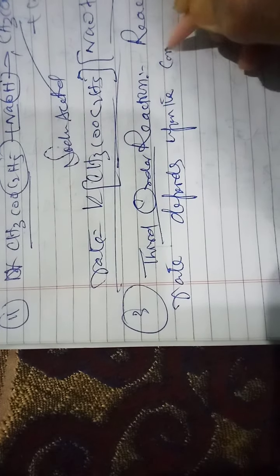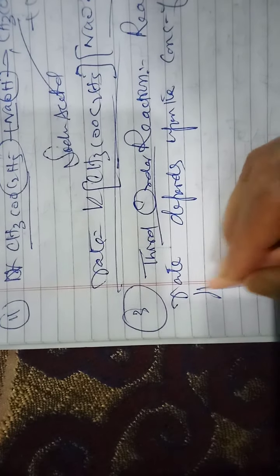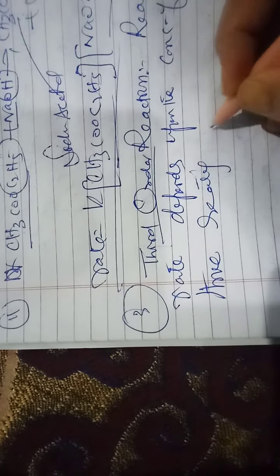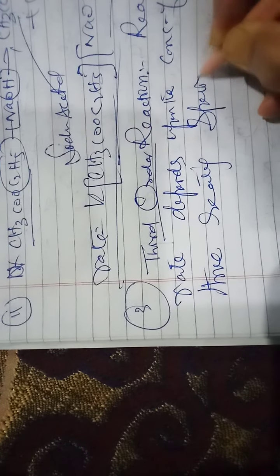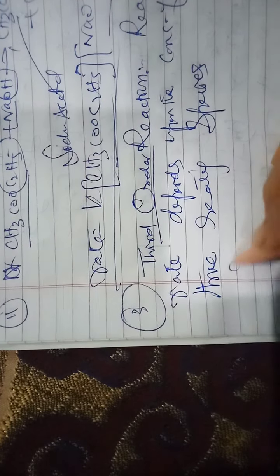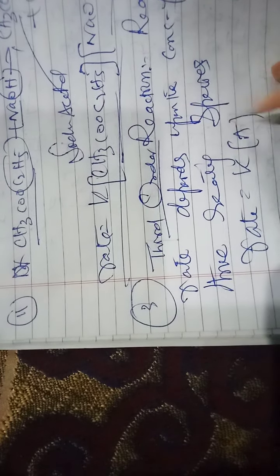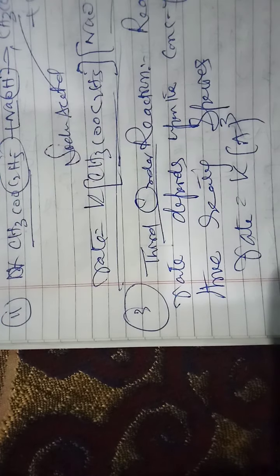So rate is equal to k into the concentrations of three species. That is an example in support of this.